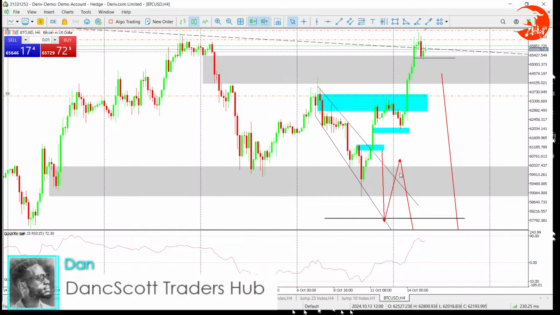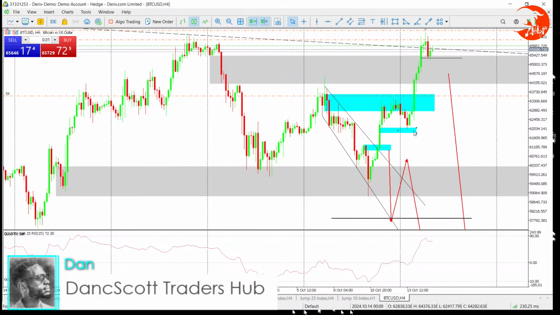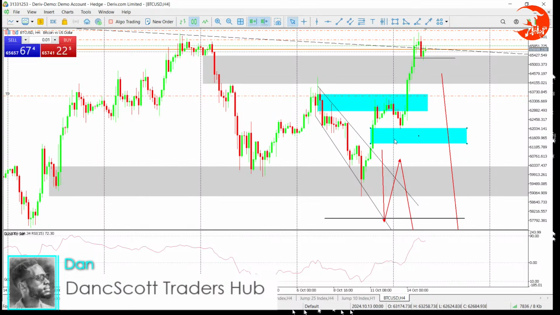So for now, I can easily delete this, because this is H4, so I know that this is a fair value gap there. I can delete this, no longer useful, but this may be useful in the near future because it may turn out to be a support level there.